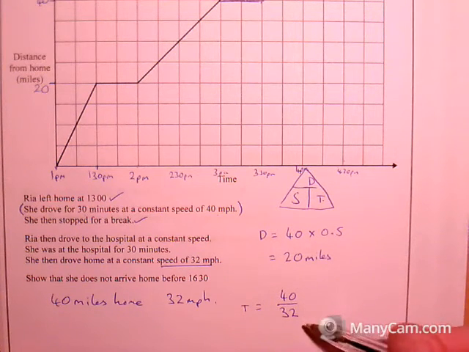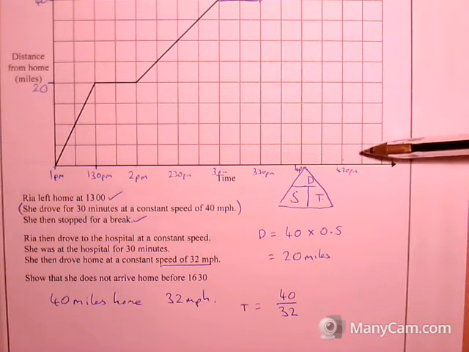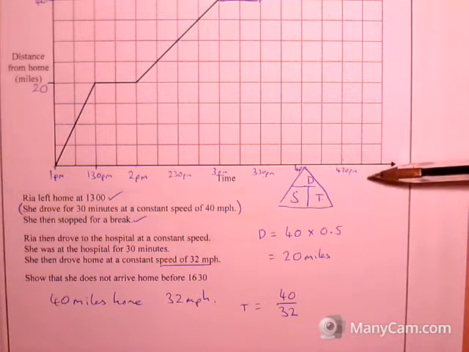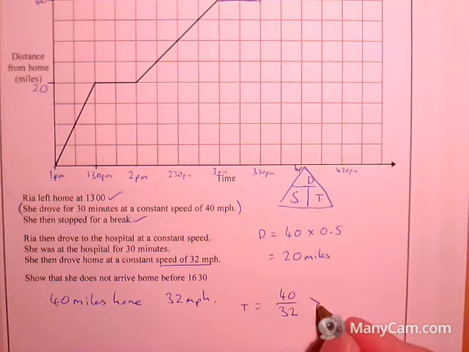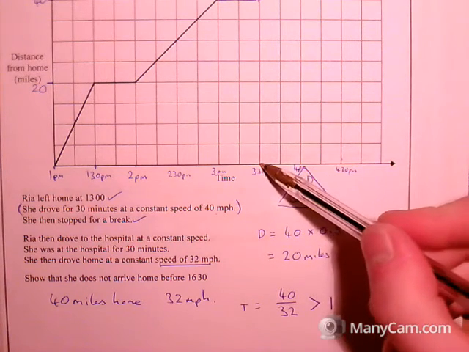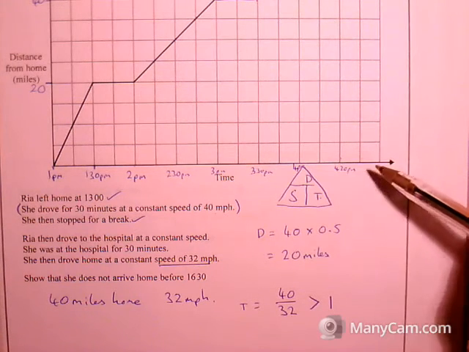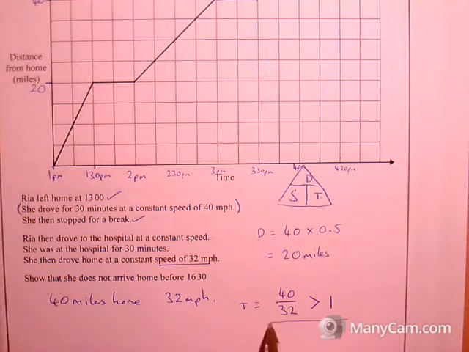Now you could go ahead and work out what 40 divided by 32 is, and then add that onto the time that she left the hospital and show that it's after 4:30. But you could say that that is going to be greater than 1, so it's going to be more than 1 hour, and she left the hospital at 3:30, so she's going to get home after 4:30. So that part there is all you need to do.